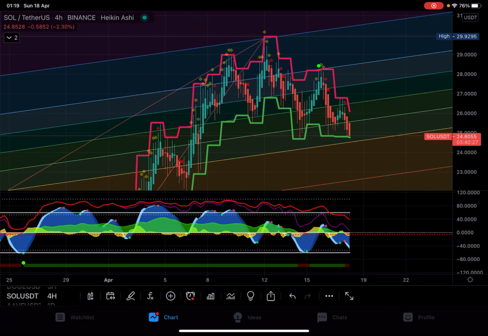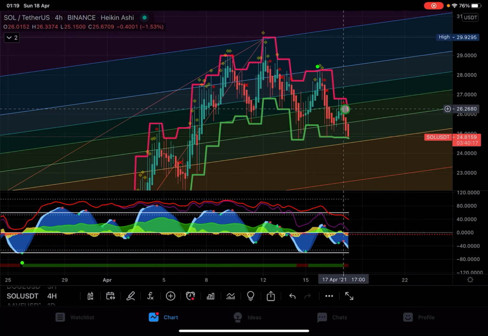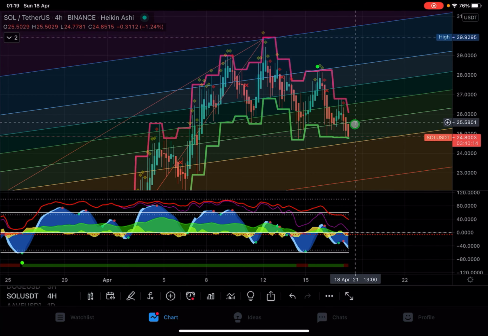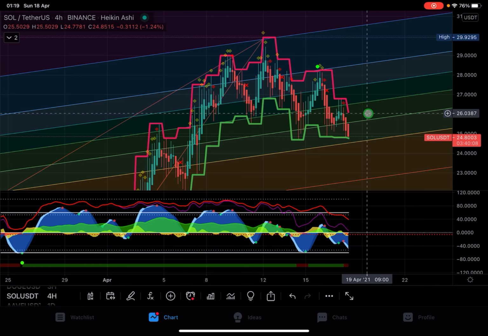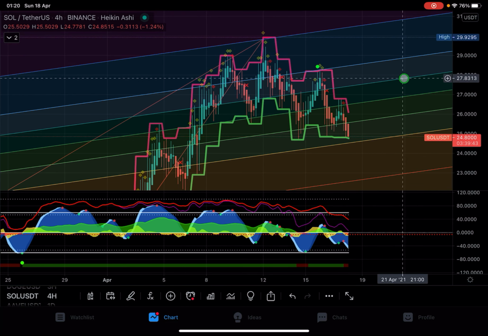Each time it dips here, for example, I'll be accumulating more here, at this dip here, and at this dip here. By doing that, I'll push my entry price lower, and when it does bounce up, because my entry price is lower now, I'm gonna be in much more profit.